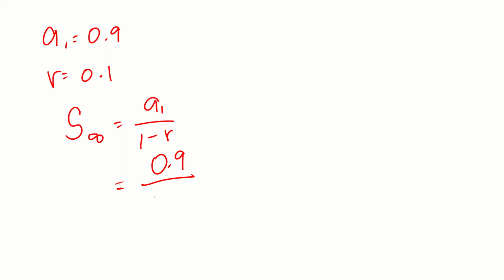The common ratio is 0.1. Formula ulit, S sub infinity equals A sub 1 over 1 minus the common ratio. Equals, first term natin, 0.9 over 1 minus the common ratio is 0.1. So we will have 0.9 over 1 minus 0.1 is 0.9.